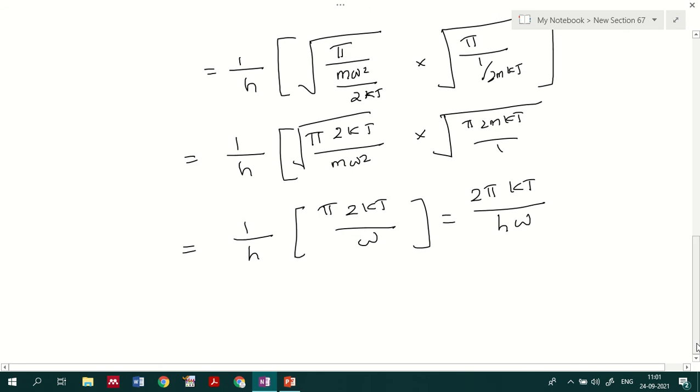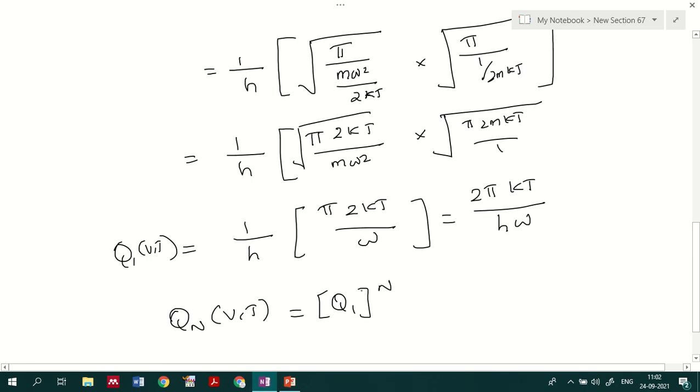Now if you represent the above representation, Qn of Vt, this one is Q1 of Vt, and Qn of Vt is equal to Q1 raised to n.